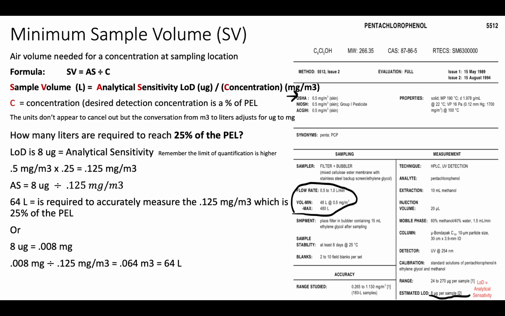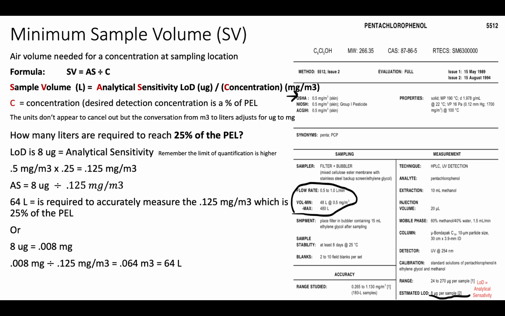This one is a little bit difficult to get our head around, what this concentration is. If you wanted to ensure that the analytical sensitivity would be met at the OSHA PEL, then our concentration would be the OSHA PEL. But if we want to measure something much lower, a different percentage of the OSHA PEL, then we use that in the denominator of our calculation.